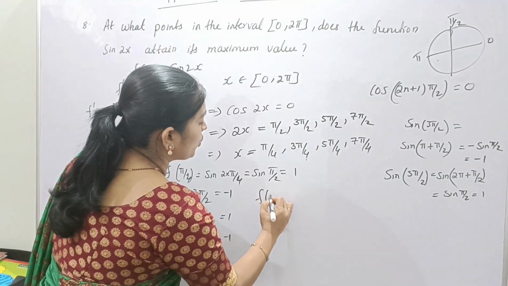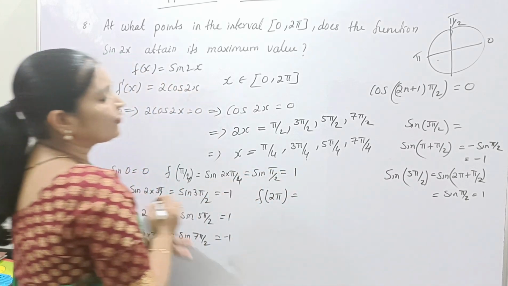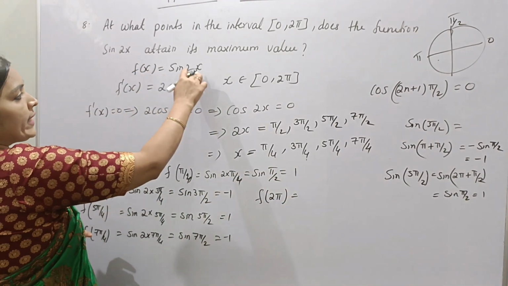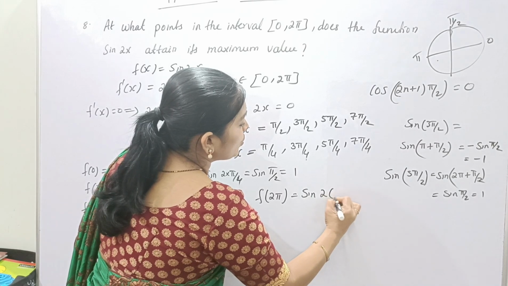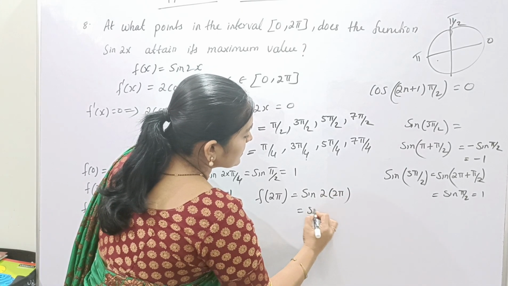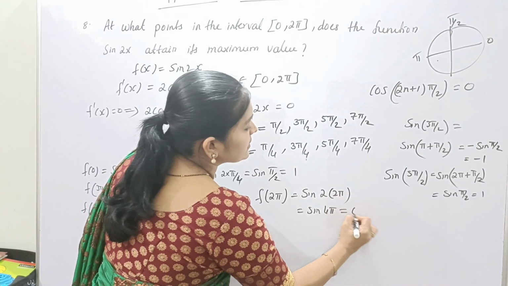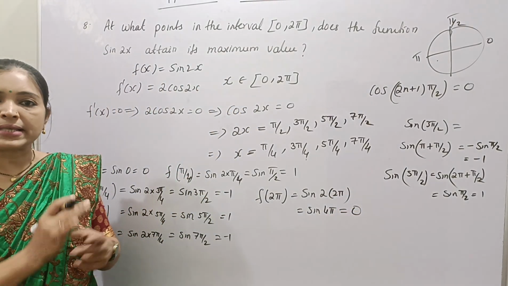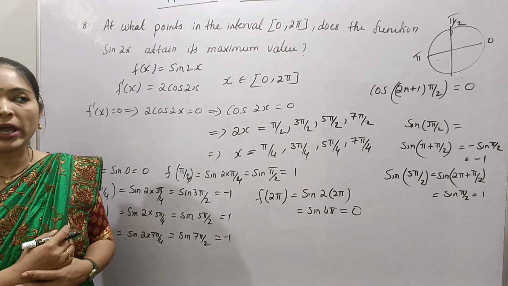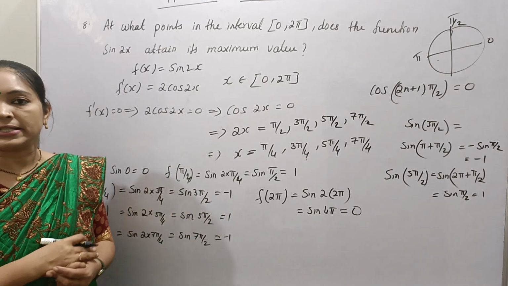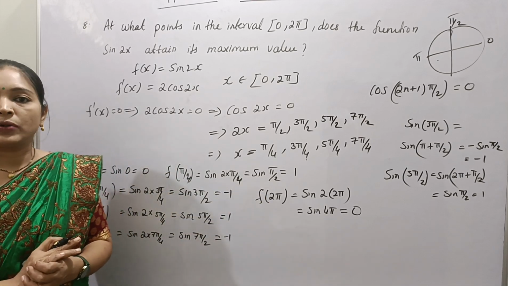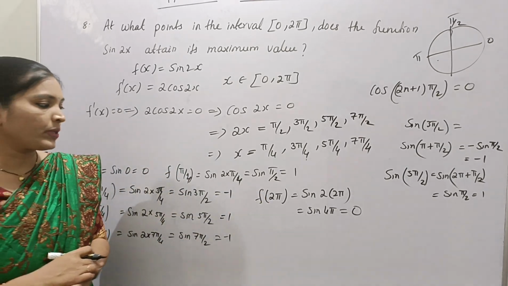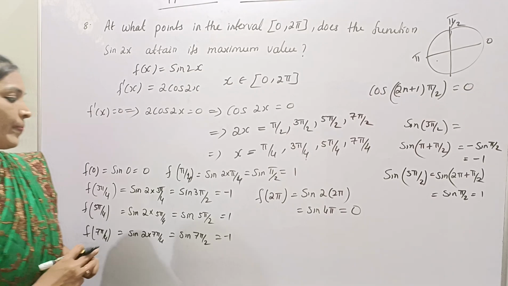F of 2 pi is sin 2 into 2 pi, that is sin 4 pi, which is equal to 0, because we know that sin n pi is equal to 0. These things we have already studied in trigonometric functions.